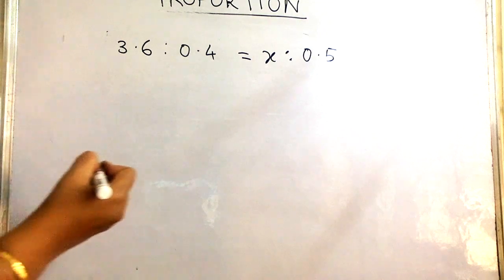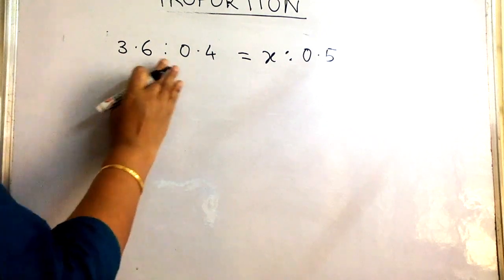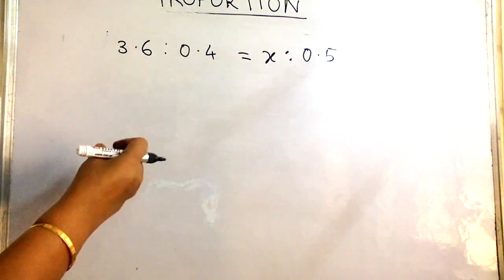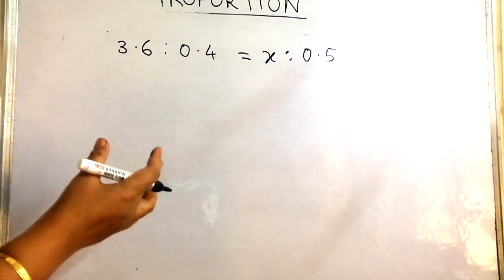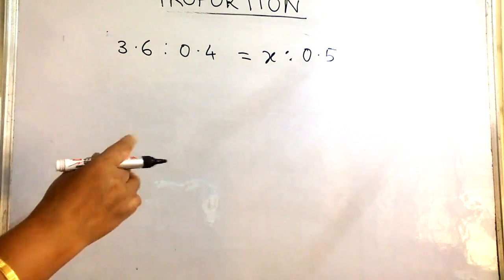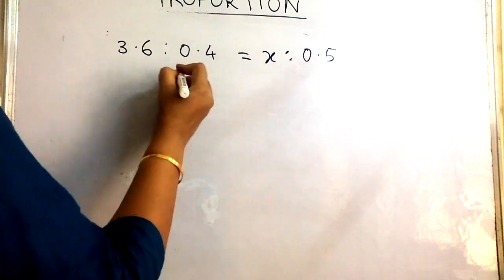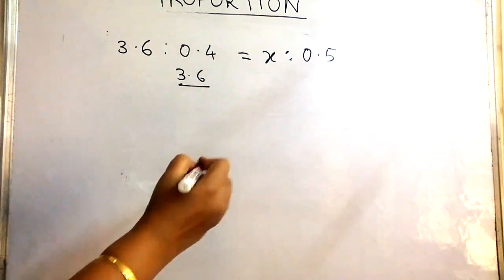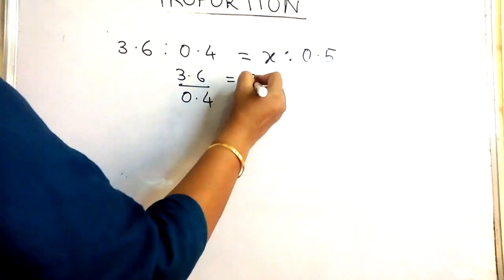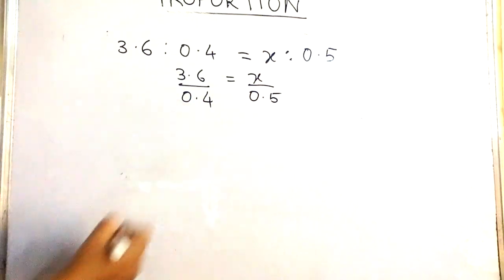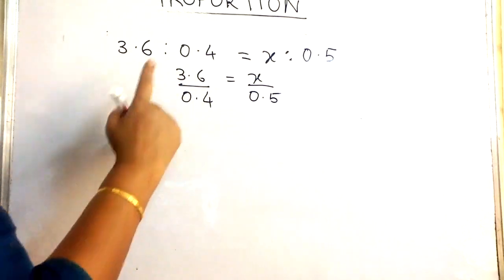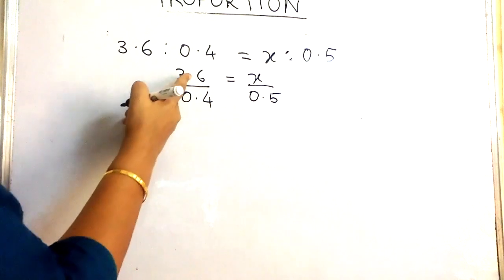Now here I have 3.6 is to 0.4 is x is to 0.5, then I have to find the value of x. I took up this sum because it had decimals. So first I'll write it in the proper manner: 3.6 by 0.4 is equal to x by 0.5. Now this can be a very disturbing thing, so I will multiply by 10 up and down.